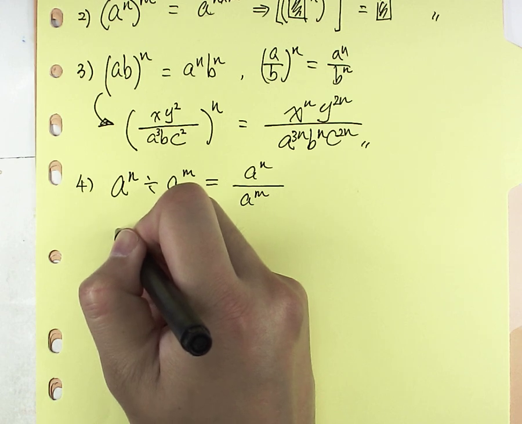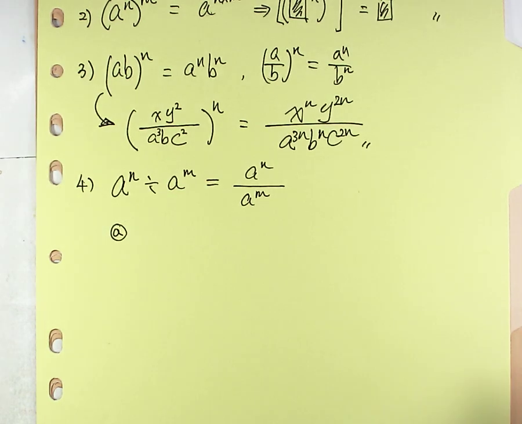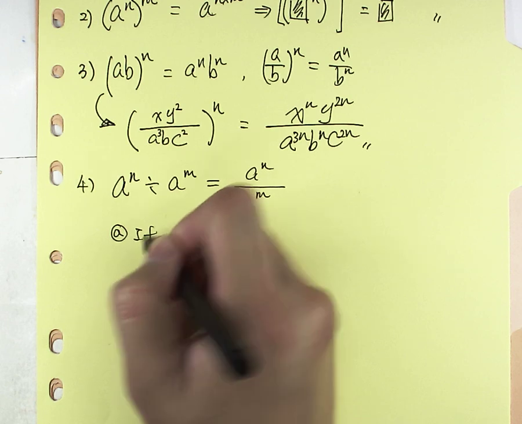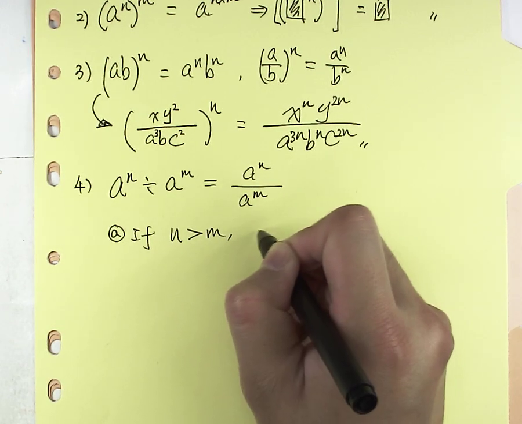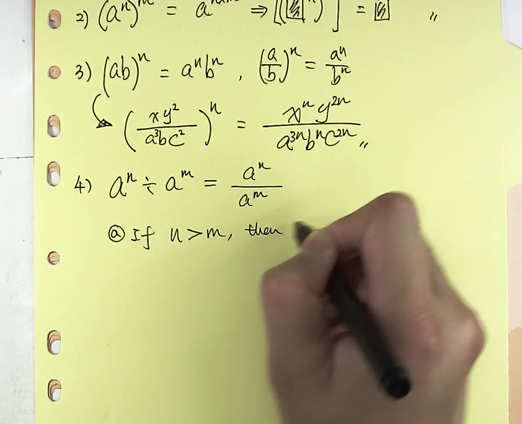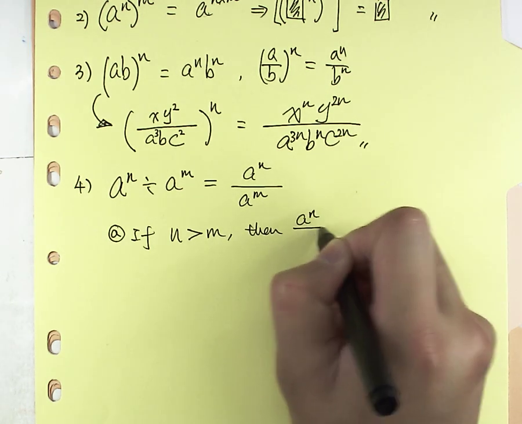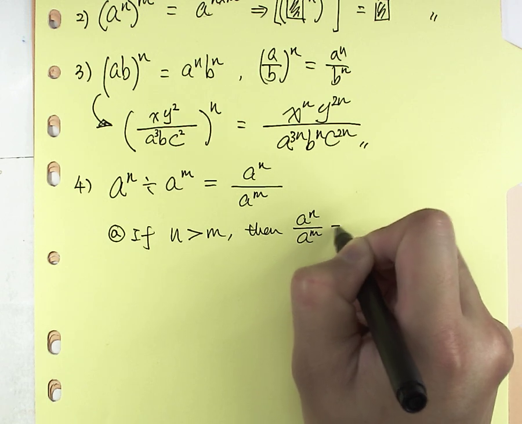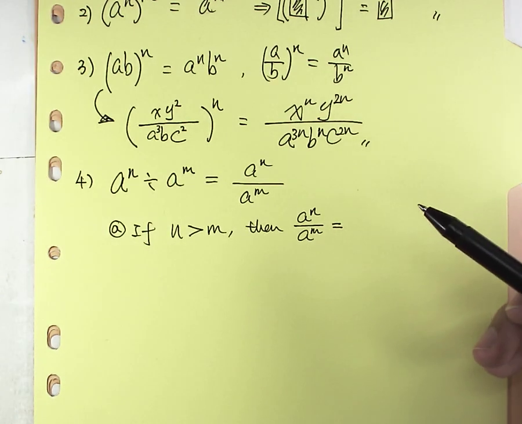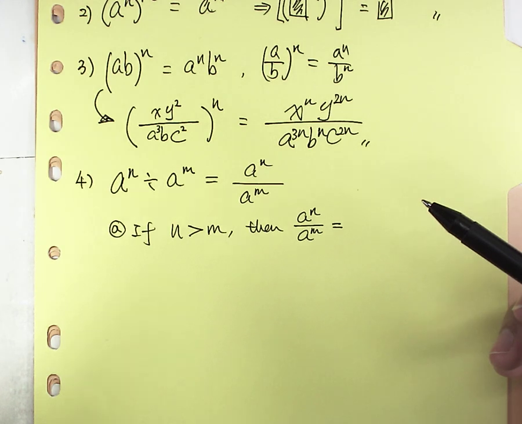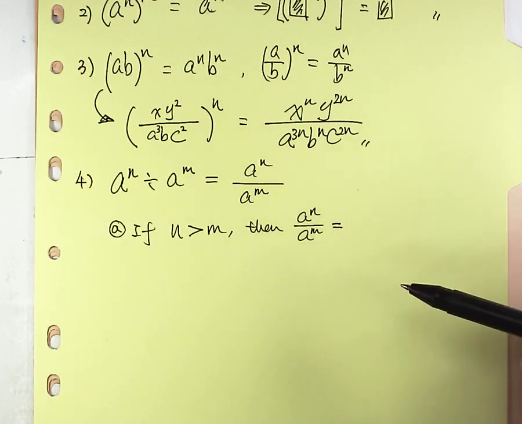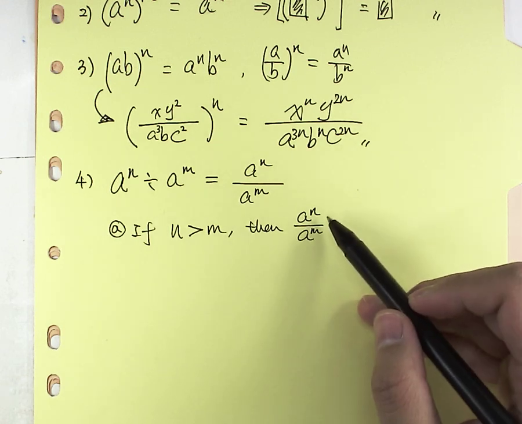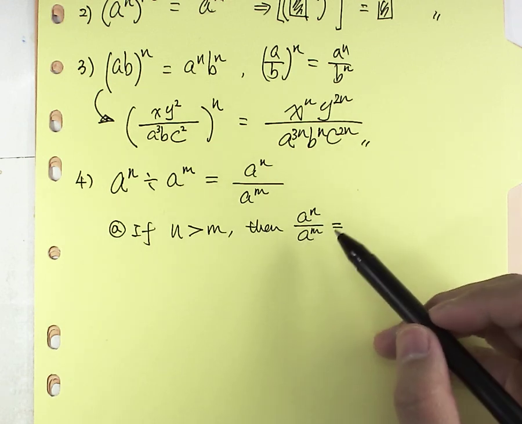The first one, I use the a here. If n is larger than m, then a to the power n over a to the power m will become, you always use the larger power minus the smaller power. Meaning that here you're always doing n minus m.